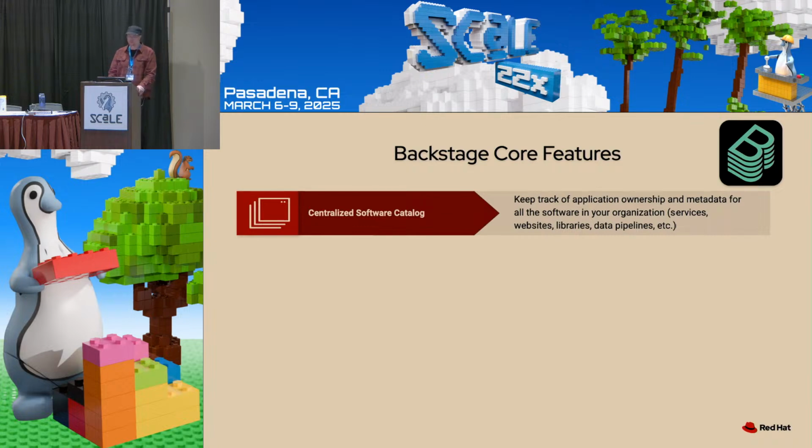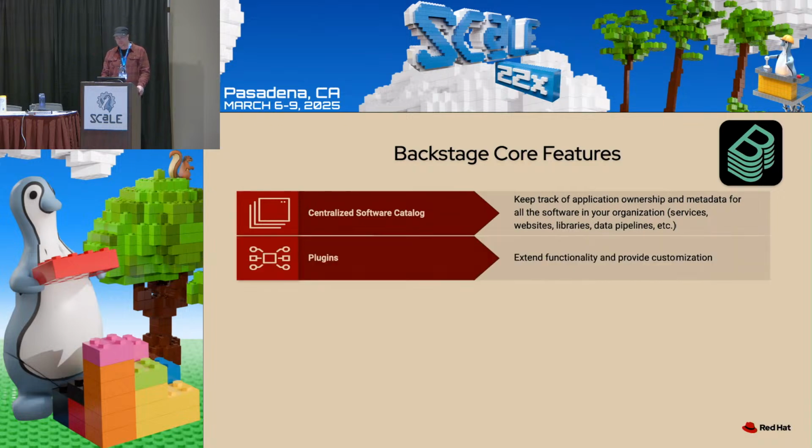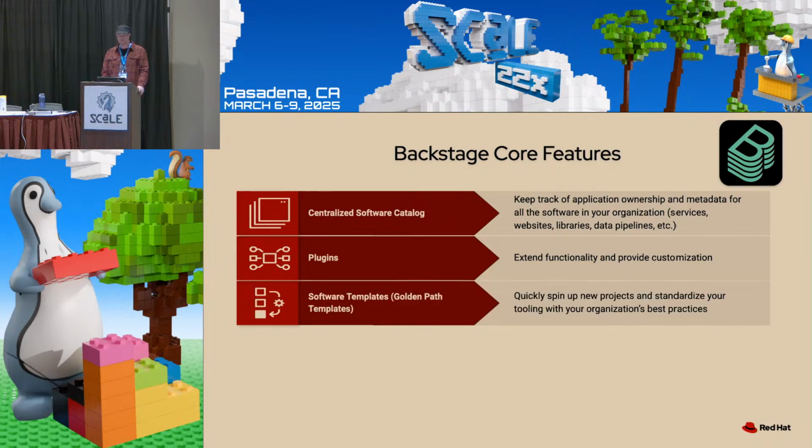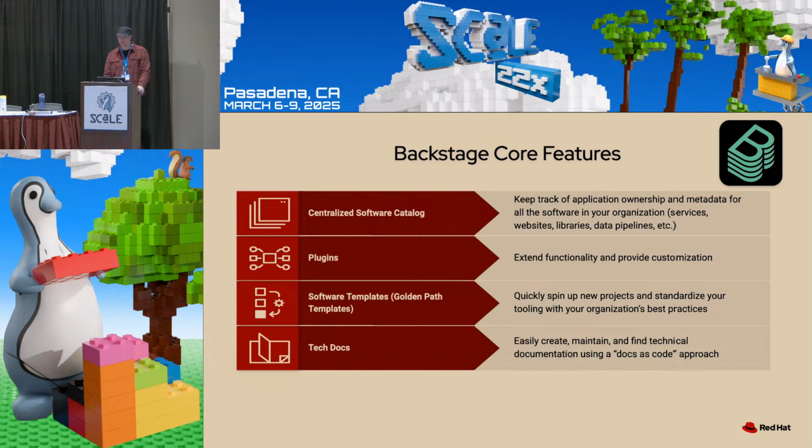Backstage comes with a centralized software catalog to keep track of all of your different services, websites, libraries, data pipelines, etc. Plugins are going to be a major part of Backstage. They integrate with each of your different pieces of infrastructure and provide visibility to your users. We'll see examples of that a little later in the demo. Software templates give you ways to quickly spin up new projects and standardize your tooling.